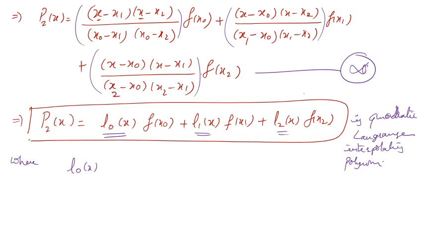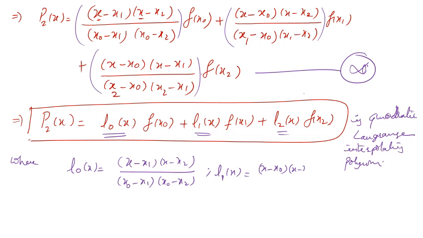L naught means delete the difference x minus x naught and write the remaining two differences and replace x by x naught in the denominator. This is L naught. Coming to L1, delete the difference x minus x1 and write the remaining two differences and replace x by x1 in the denominator, x1 minus x2.